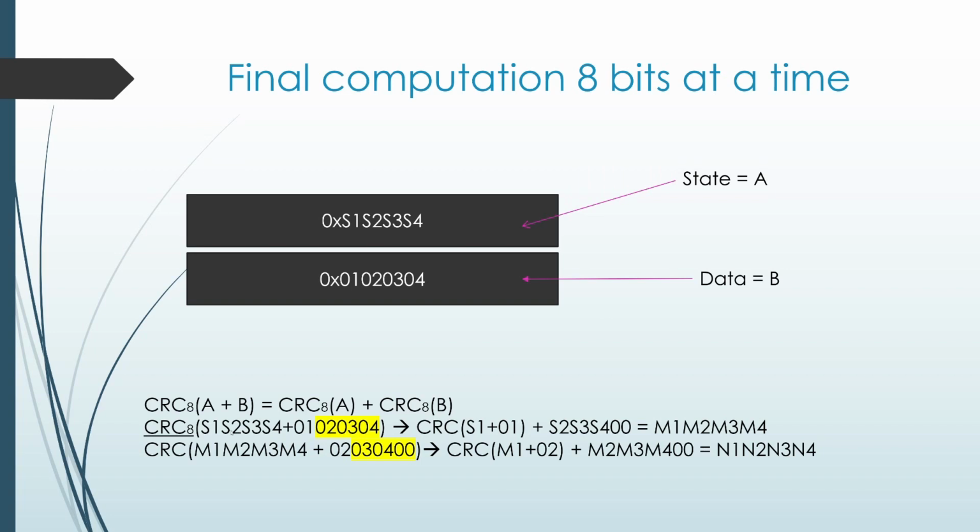But what happens to S2, S3, S4? Because they have not reached the MSB in this 8-bit operation feedback, they will just shift left. So S2, S3, S4, 0, 0 would be the net result because it's just left shifted by 8 bits. So this will net result into CRC of S1 plus 01, and the left shift of this.